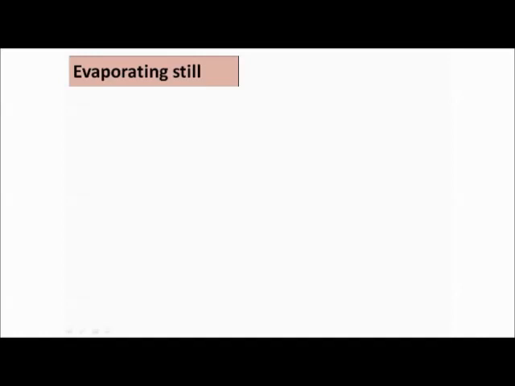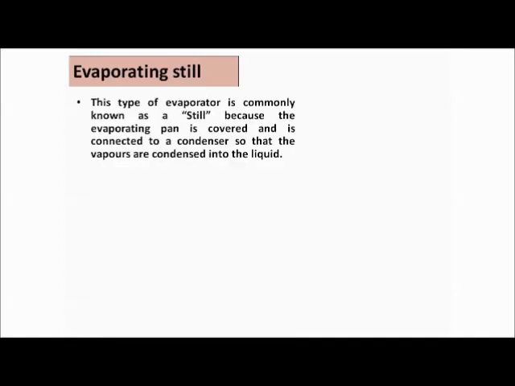The next instrument is the evaporating still. So why has the name still come? This type of evaporator is commonly known as still because the evaporating pan which is used here is covered.